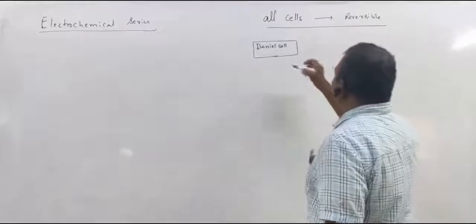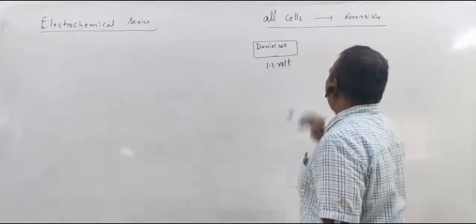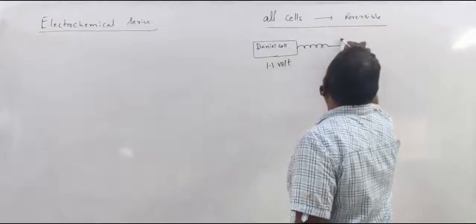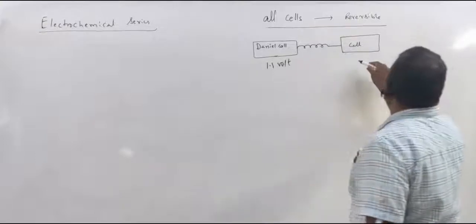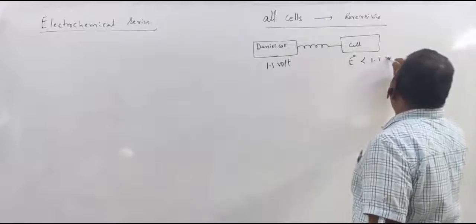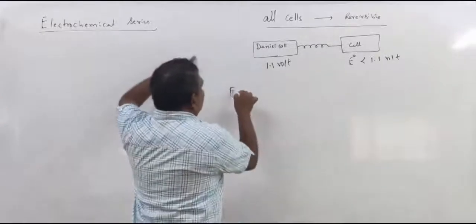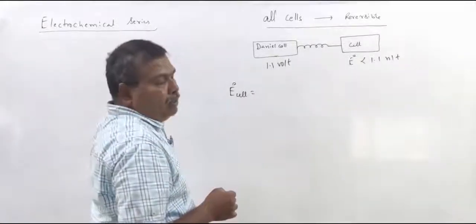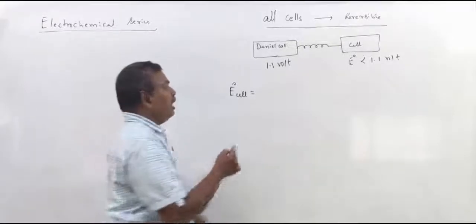Now, what is the EMF of Daniell cell? Studied, 1.1 volt. That is connected to another cell having EMF less than 1.1 volt. See here, Daniell cell, E naught cell. In Daniell cell, which one is anode and which one is cathode? Copper is cathode, zinc is anode.